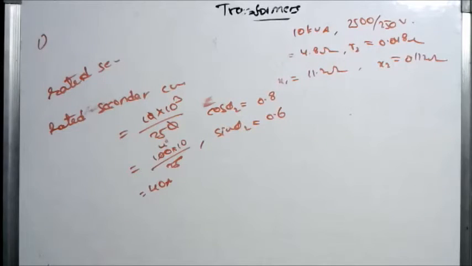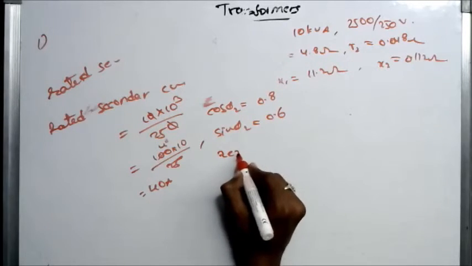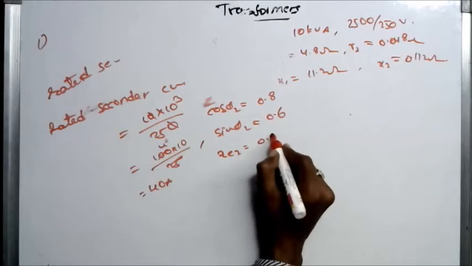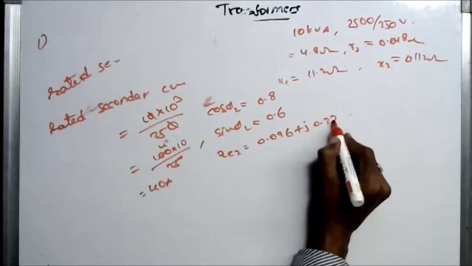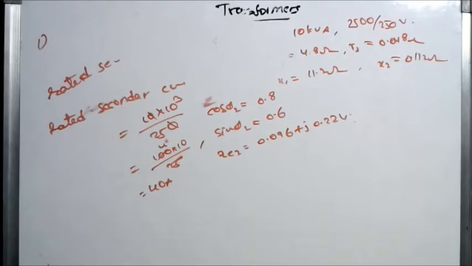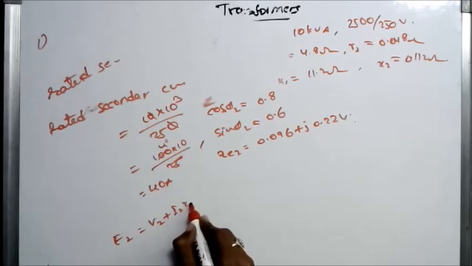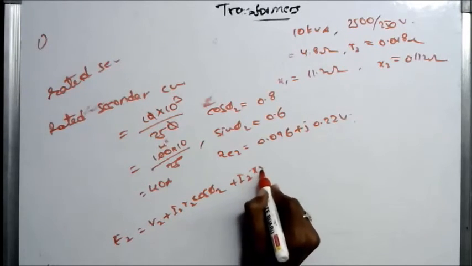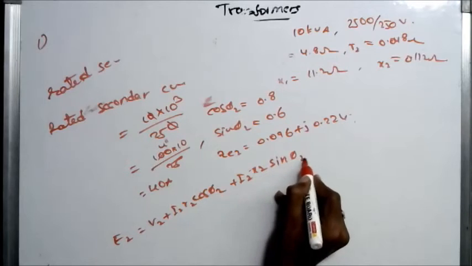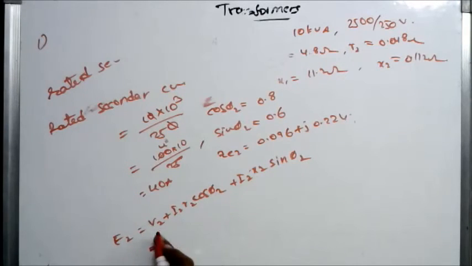So we have all the parameters. ZE2 is equal to 0.096 plus j into 0.224. Now using the equation, E2 is equal to V2 plus I2 R2 cos phi 2 plus I2 X2 sin phi 2, substitute all the values except V2.